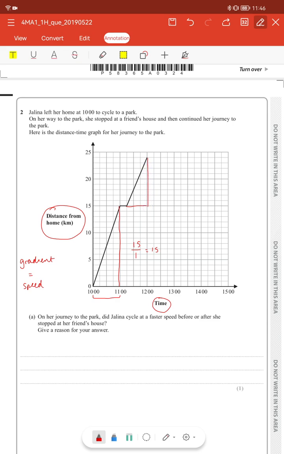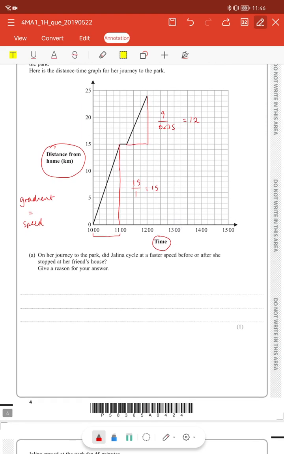And our rise here is going to be 15 to 24, which is 9 over 0.75. And this would give us 12. So she cycled quicker before, as the gradient is steeper. So remember, you have to give a reason for your answer.